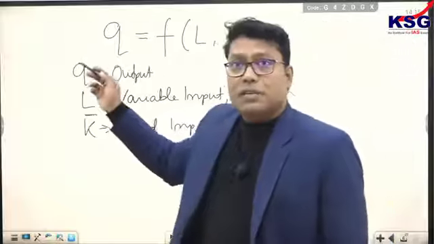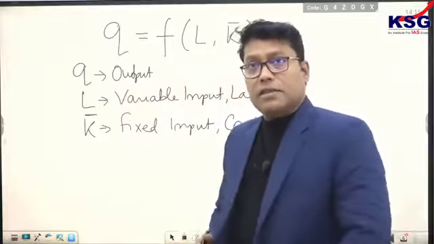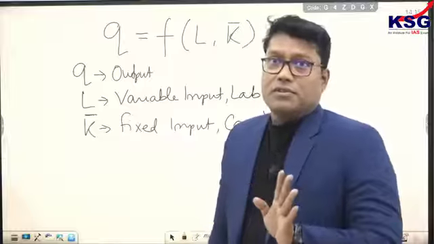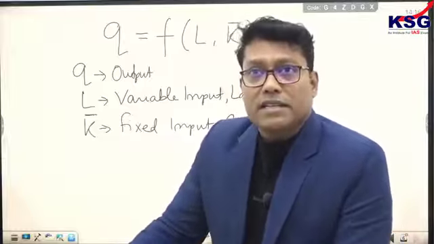If we want to produce anything, we are using labor and capital. Labor is the variable input, by nature, and capital is a fixed input. Clear? Now, how can you deal with it in practical life?